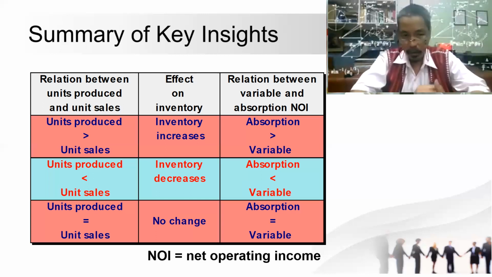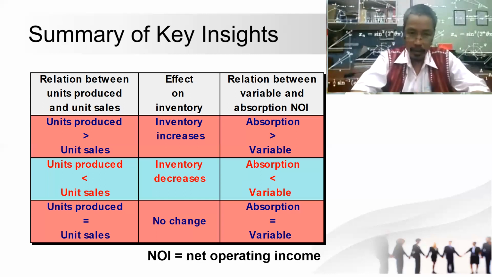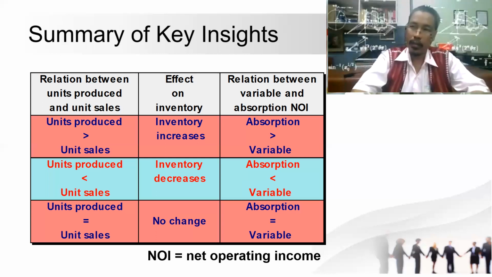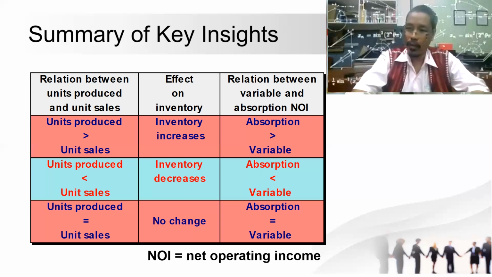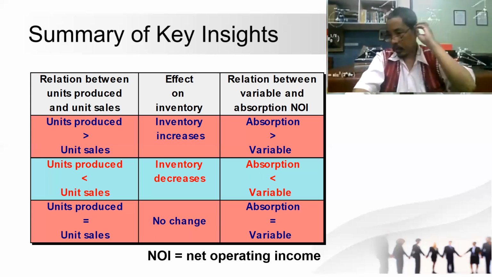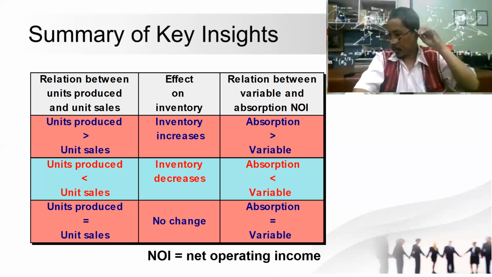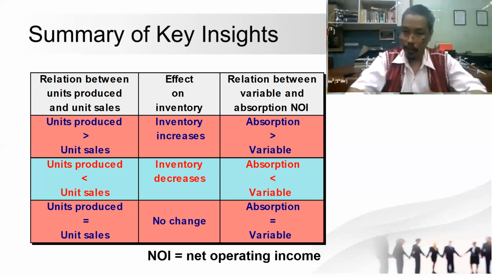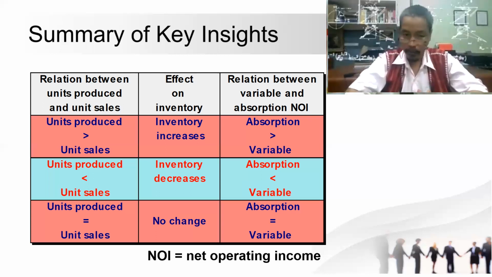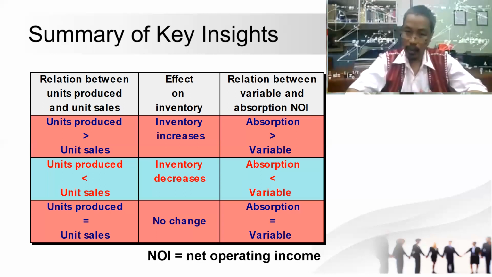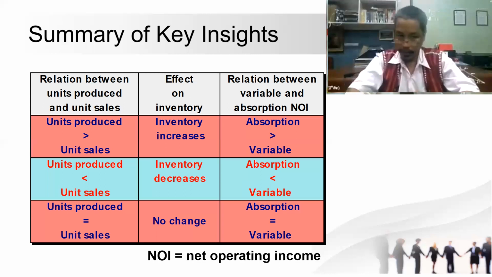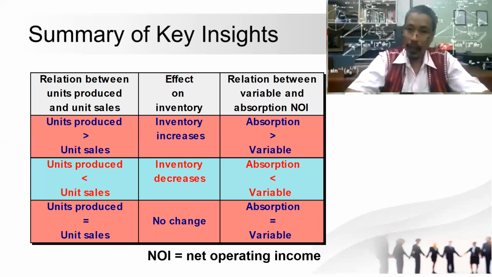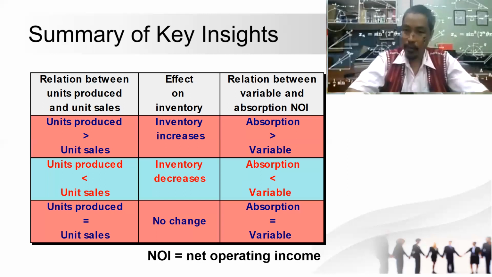So if this is the case, our inventory decreases because we are just producing small amounts, so we have to cope with the quantity of demand. Therefore, we have to get from the inventory, not only from the current production and the finished goods.